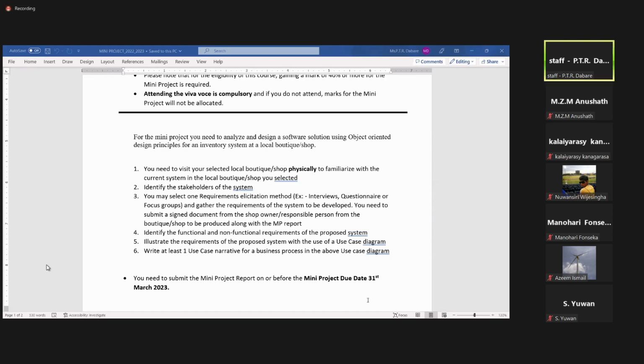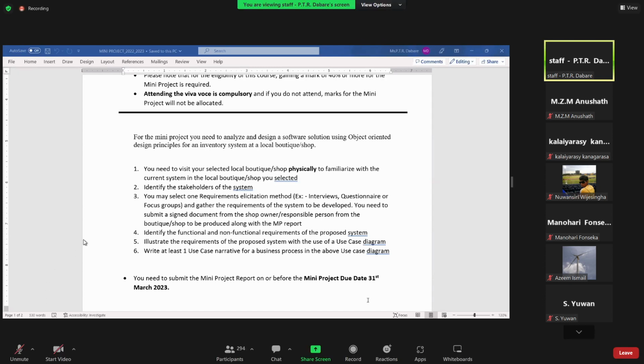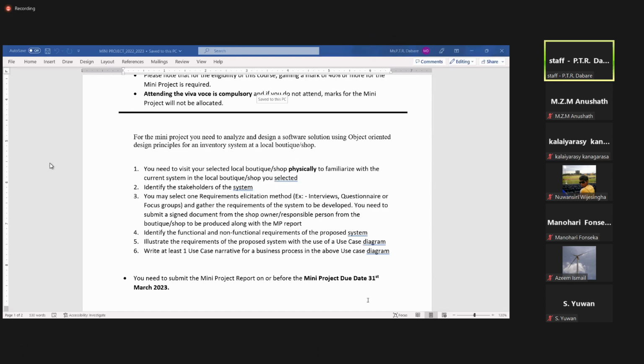Amani, what I mentioned here is you have to get a letter from the shop owner or any responsible person from the shop where you are going to collect data, saying that you physically came to this place and collected data in order to prepare this activity.